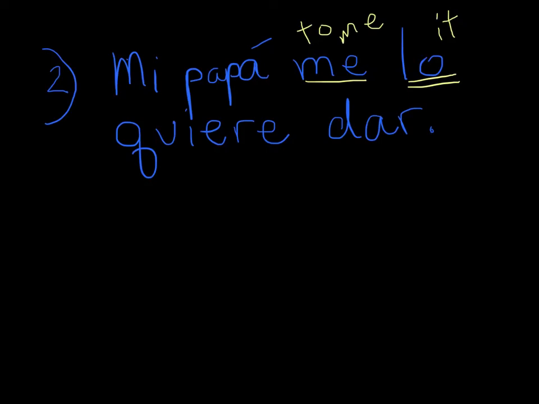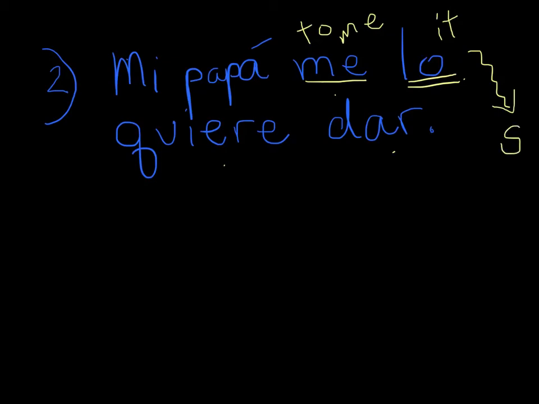I'm not really sure what it stands for. I just know that my dad wants to give it to me, would be the way I would have to read that sentence. So you really have to kind of skip those pronouns for a second when you're trying to interpret them and then go back and figure out what they stood for. And back to this, who knows what that was? That would have to be something in your original conversation.